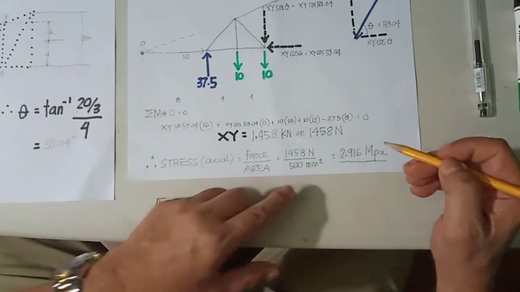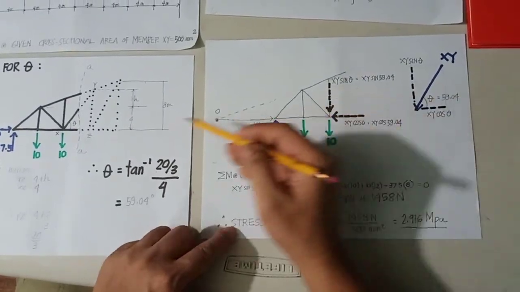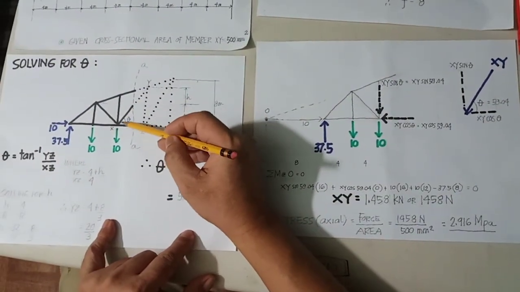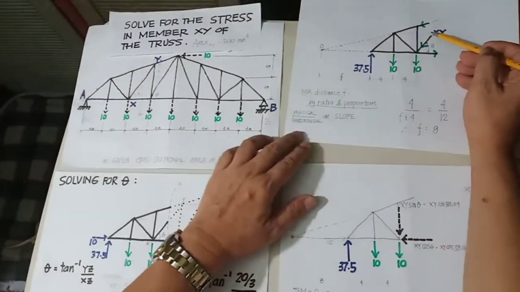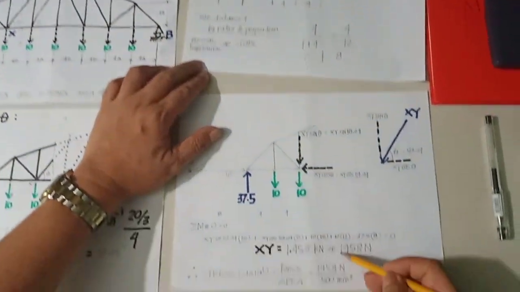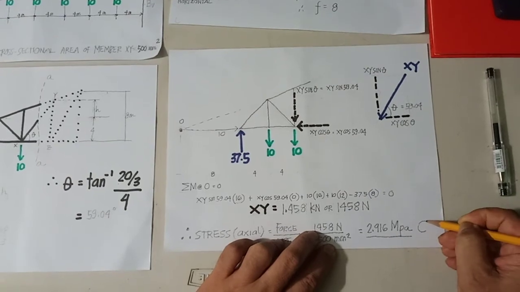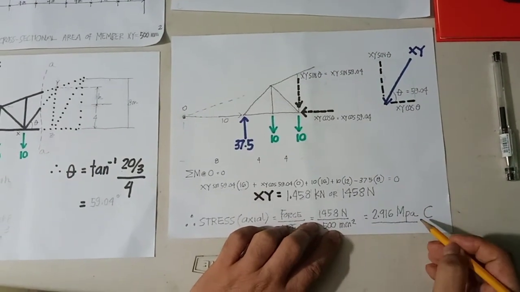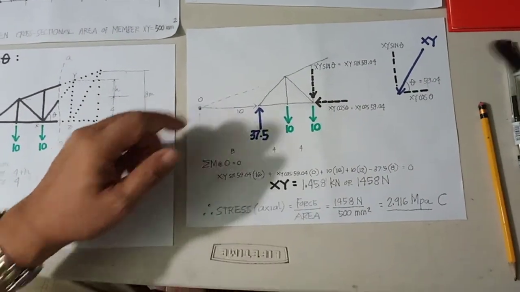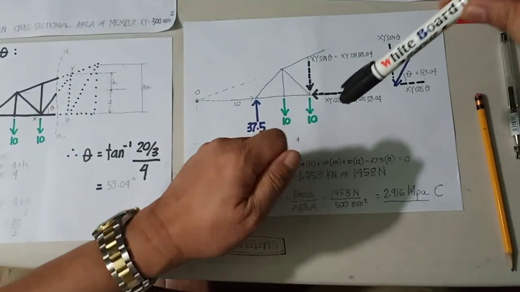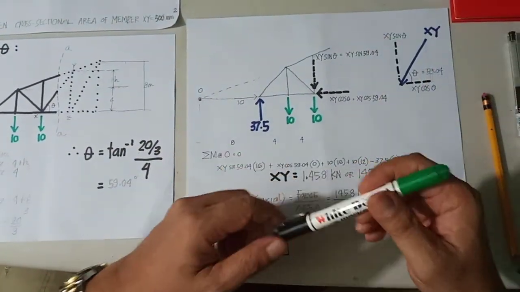And remember that our assumption of the force going towards the joint is correct because of a positive answer, and that is supposed to be in compression. It's a compressive stress. It's being pushed towards the joint, and you call it under compression.